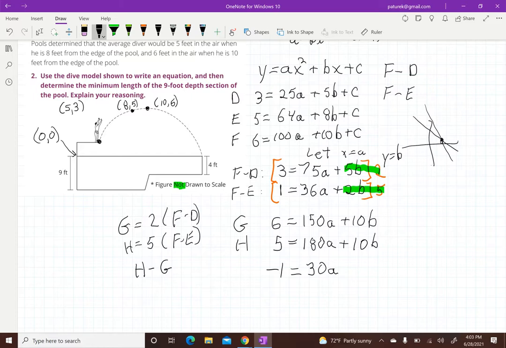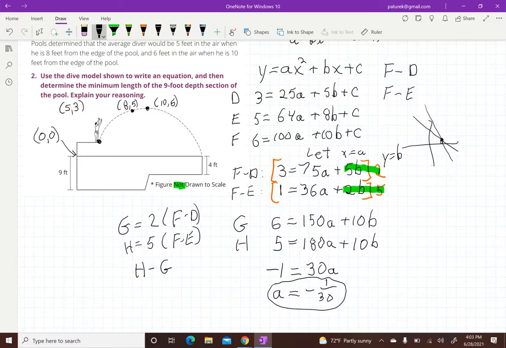And the whole point of doing it this way is setting it up so that 10b minus 10b equals 0 and b is eliminated. I now divide both sides by 30, and I have a is equal to negative 1 divided by 30. There is one of my coefficients.